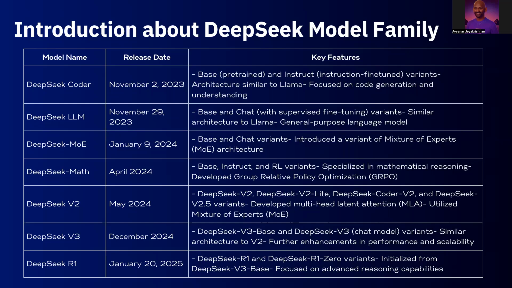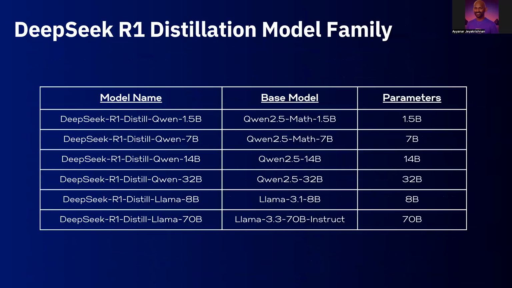But it is still not a reasoning model. Then they have the latest model, DeepSeek R1, whose base model is DeepSeek V3, with better reasoning cost to performance against the latest OpenAI model.